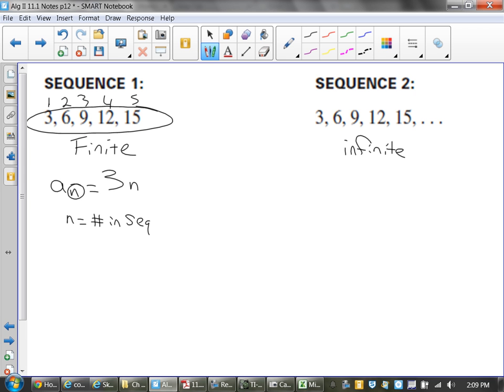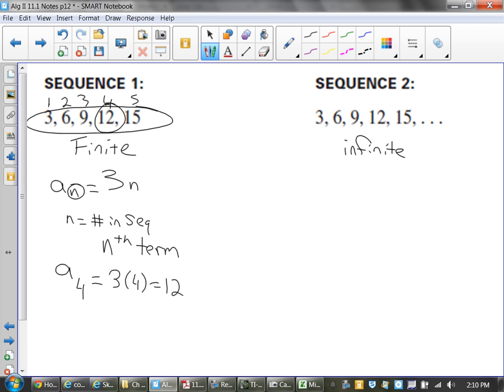And they call that the nth term, like the fourth term, fifth term. So if I want to say what's the fourth term, what's a sub 4 in this case? To get the fourth term in this sequence, we took 3 times 4, and it gave us 12. That's how we write that out.